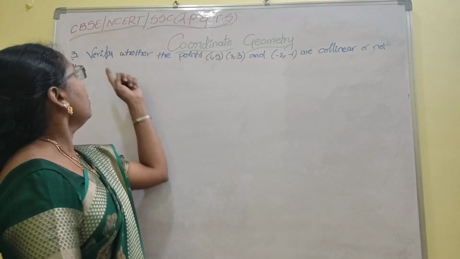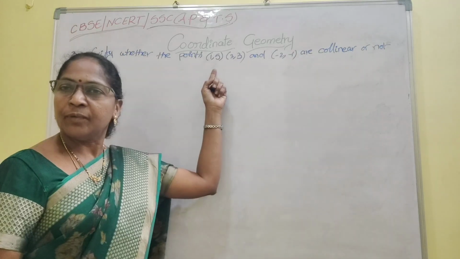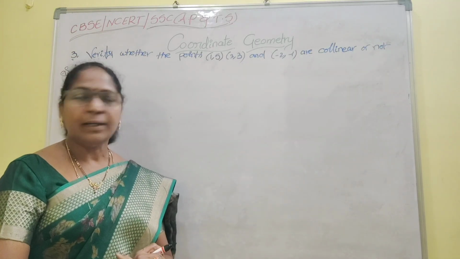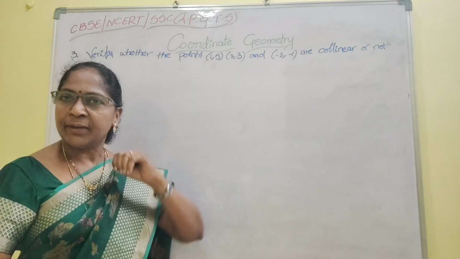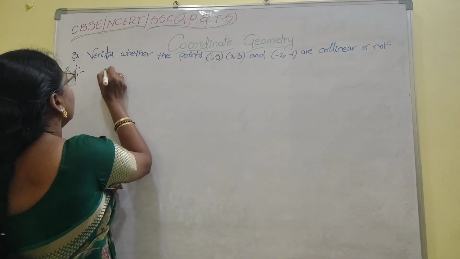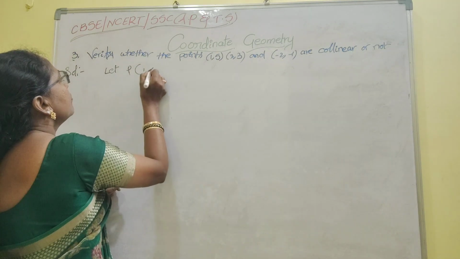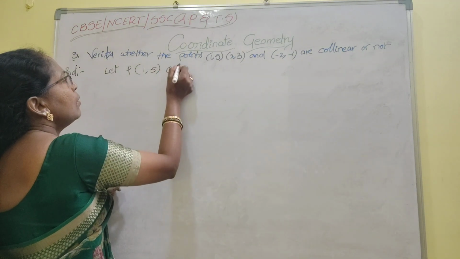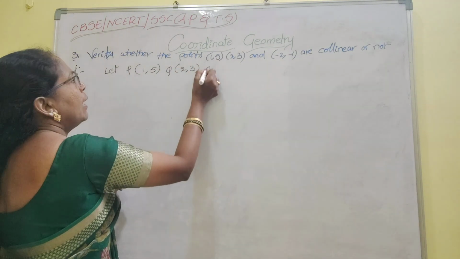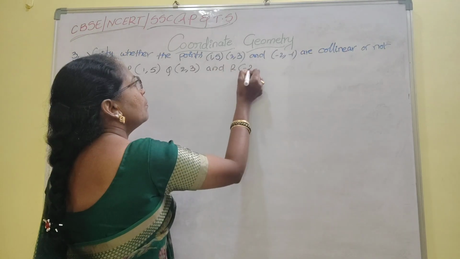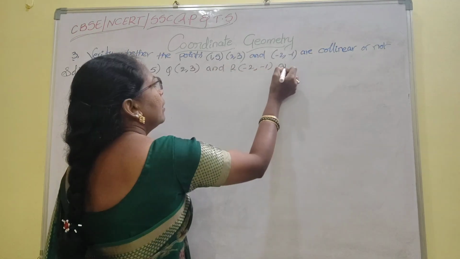Next question. Verify whether the points (1, 5), (2, 3) and (-2, -1) are collinear or not. Here 3 points are given. First, let P (1, 5), Q (2, 3) and R (-2, -1) be the given points.